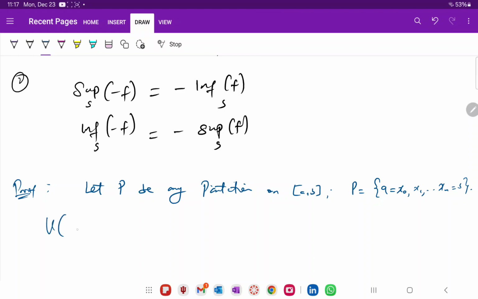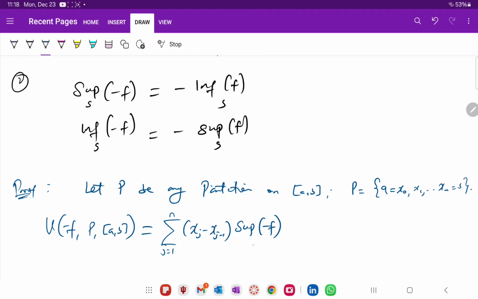So then the upper Riemann sum of this function for that partition will be the summation from j equals 1 to n of (xj minus xj minus 1) times the sup of minus f over the interval [xj minus 1, xj].